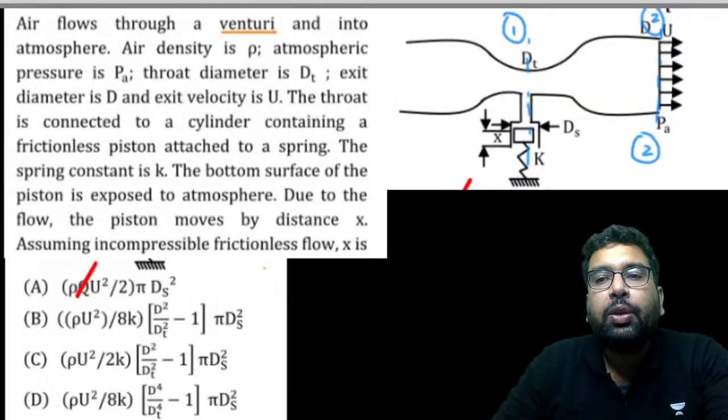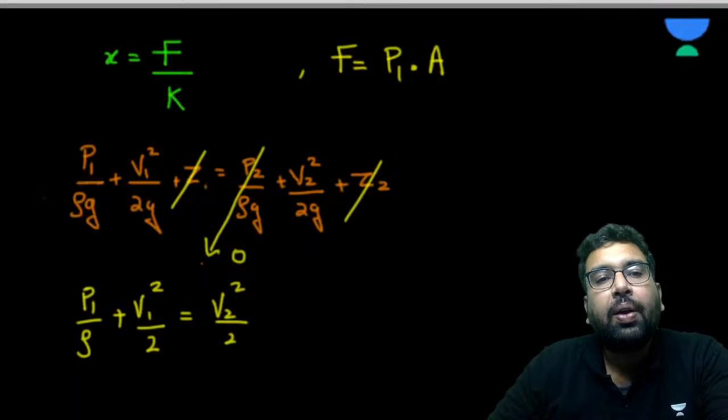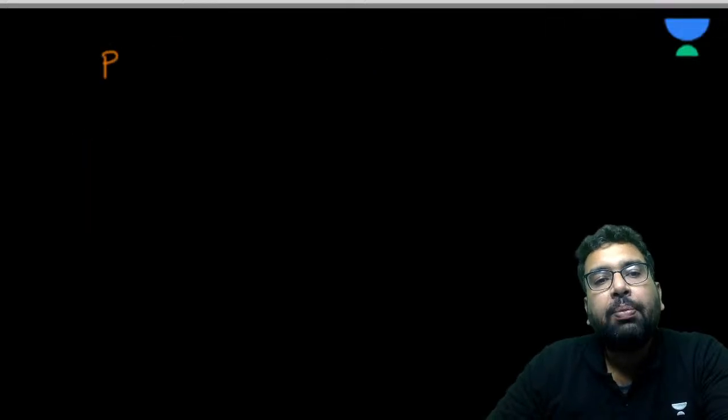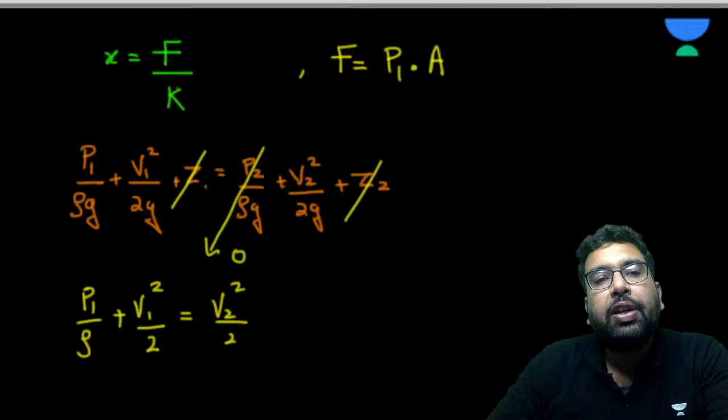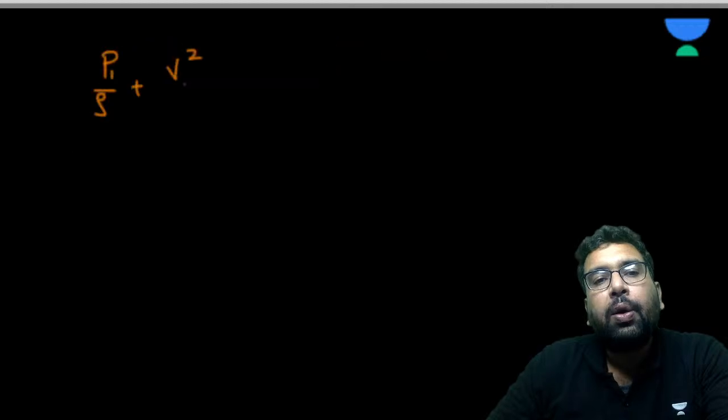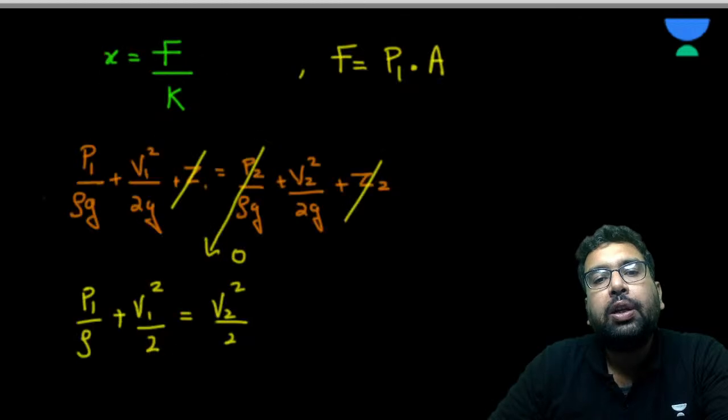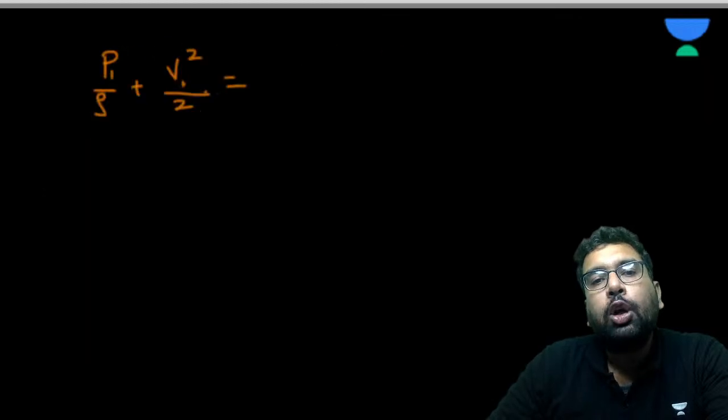So now V2 is what? V2 is U. So P1 by rho plus V1 square by 2 is equal to, V2 is given as U, so it is U square by 2. Okay, very well.